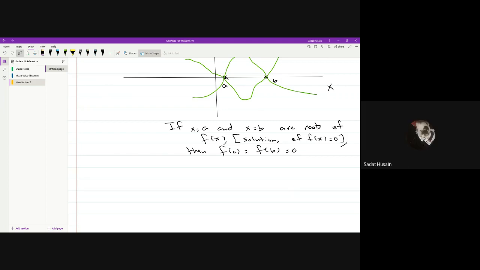So by the mean value theorem, sorry, not the mean value theorem, by Rolle's theorem, then by Rolle's theorem, just give me a moment. I think OneNote crashed. No problem, I'll just open up a new window.